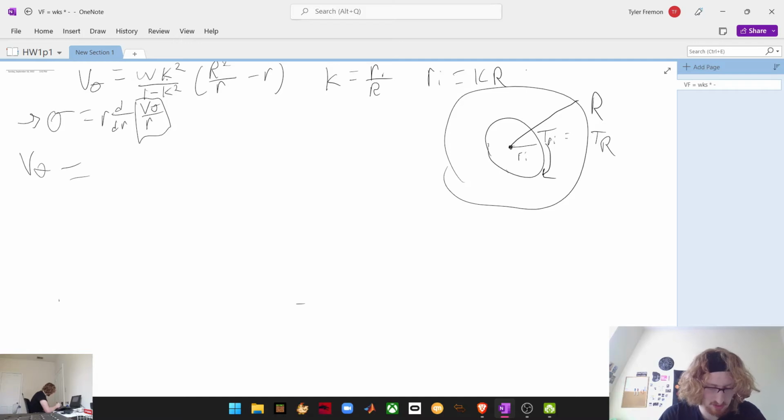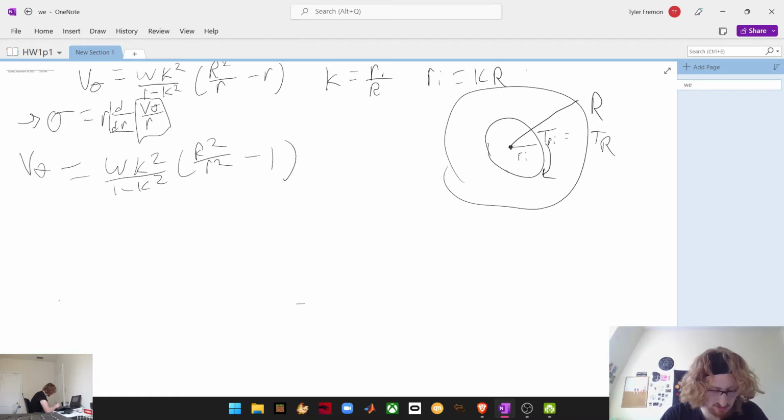For the most part, this omega k squared over 1 minus k squared is going to stay untouched till the end, just because it's a constant. So we have omega k squared over 1 minus k squared. And then we're dividing by r here, so we're going to have big R squared divided by little r squared minus 1.